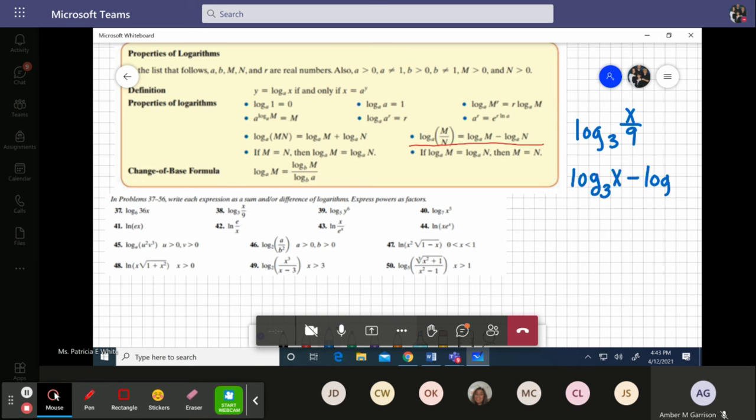Minus, now, not so much of what I should do, but what could I do? Log base 3 of x minus log base 3 of 3 to the second power. So that's going to give me log base 3 of x minus 2 this time.